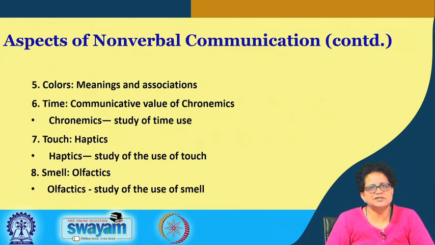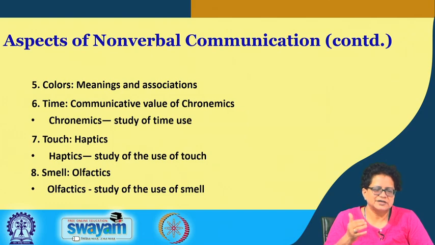Colors have meanings and associations. Research has proved that if you look at red color for quite some time, you will become highly stressed, your blood pressure will rise up, because red is the color of heat, vitality as well as life.